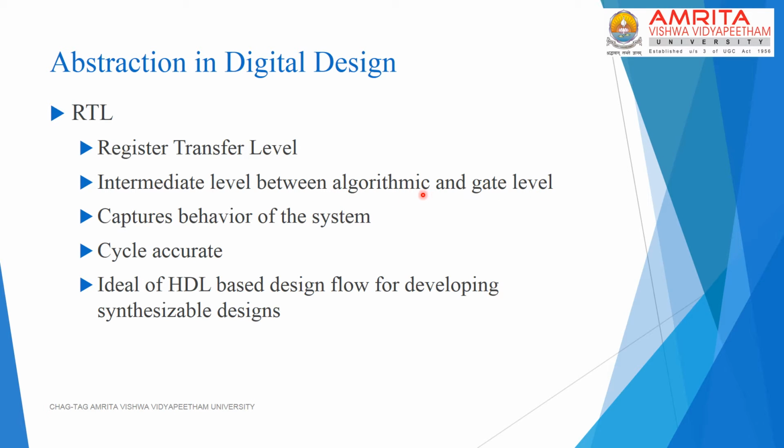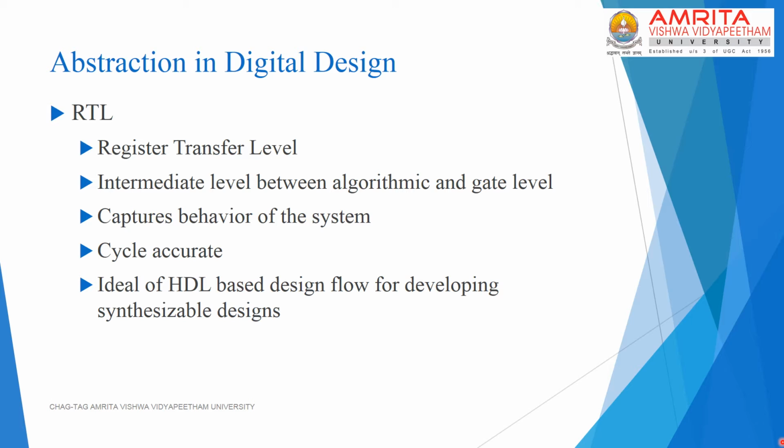We have seen that the gate level of description or abstraction is a very low level where the functionality of the system is not evident by analyzing the gate level implementation. On the other hand, an algorithmic specification like the MATLAB code or a C code will completely specify the functionality of the system but is not cycle accurate, in the sense that there is absolutely no notion of the hardware that could possibly implement such a functionality.